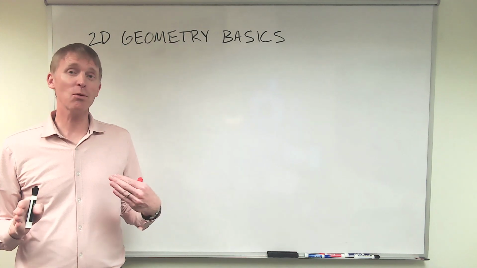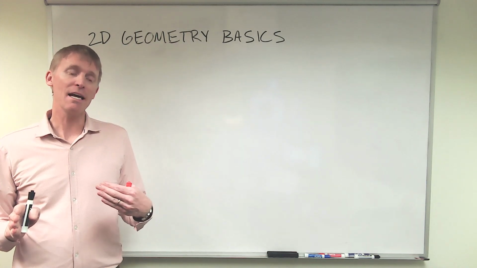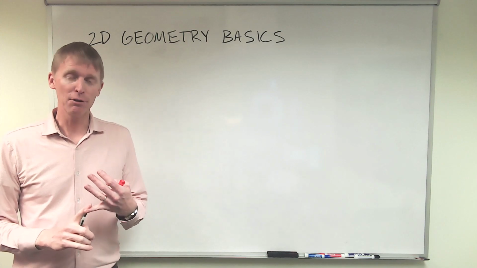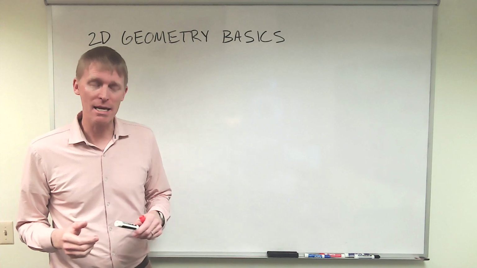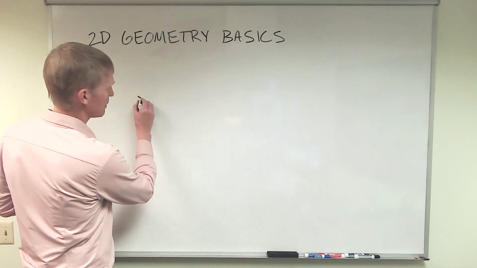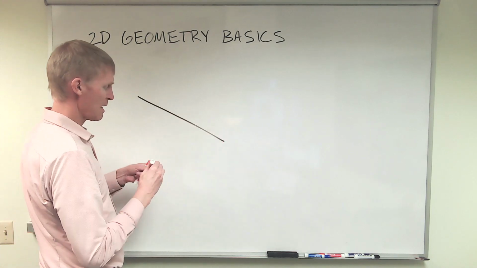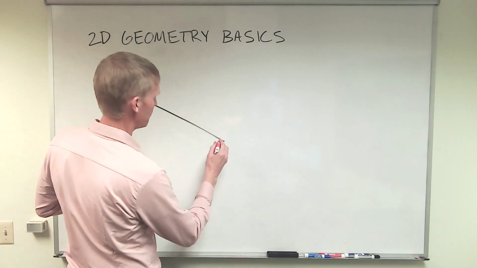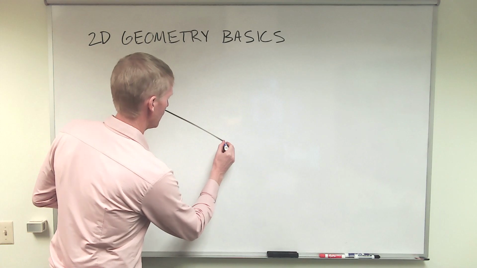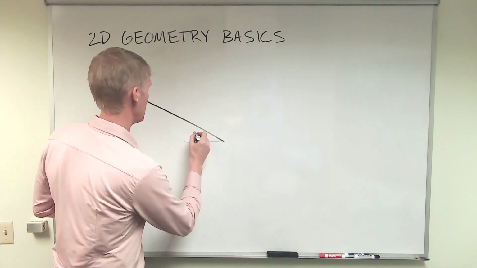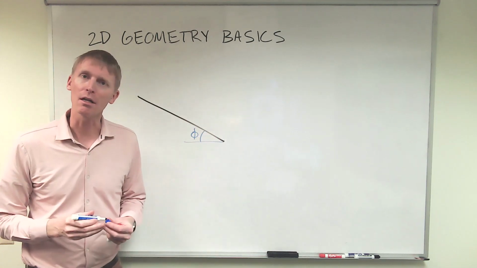This last one, we're going to look at finding the angle for two perpendicular lines. Where this comes into play is, say we have a surface, and this angle happens to be phi from horizontal.